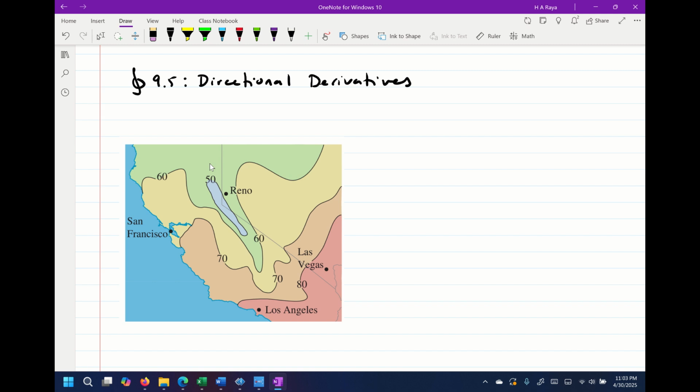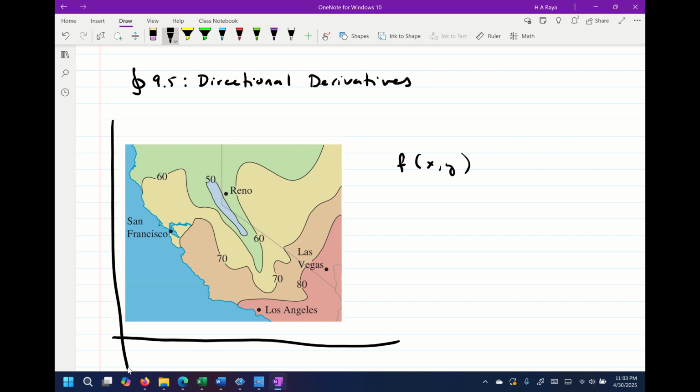So if the elevation was a function of x and y, where x is the horizontal scale and y is the vertical scale, you can talk about partial derivatives here. At this particular point on the graph, if you were considering the partial derivative of f with respect to x, you're asking what would happen to your height, the elevation of your function f of x, y, if you went up on the x value.